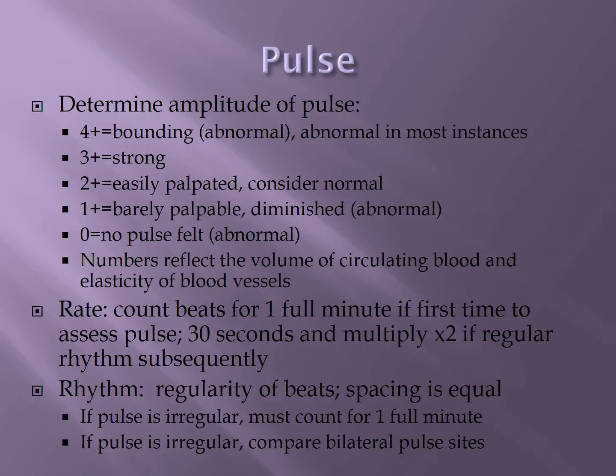In the heart, the SA node is responsible for triggering the electrical impulse in that heart. The electrical impulse starts at the SA node, travels to the AV node, and during that time, the atria will contract.